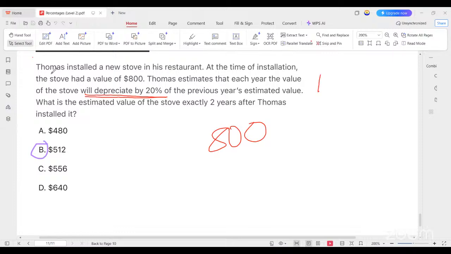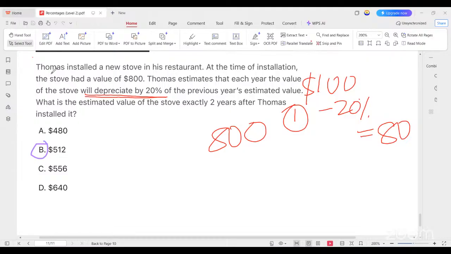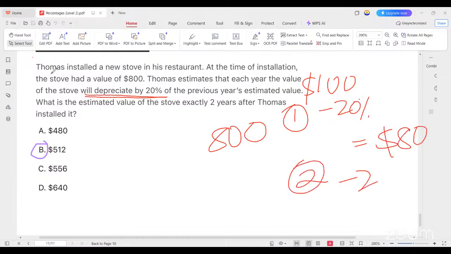Listen to me carefully, guys. If there is a 20% discount on, suppose, $100, after the first discount it will become $80. Then again, the second time I have to apply a 20% discount. Is this the same as applying a 40% discount?